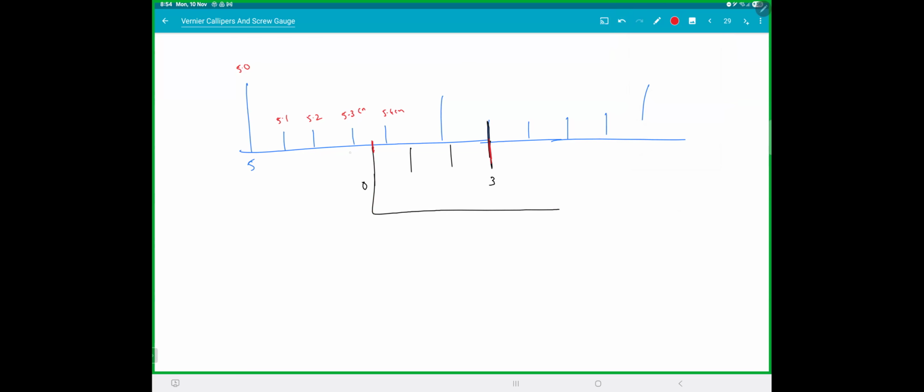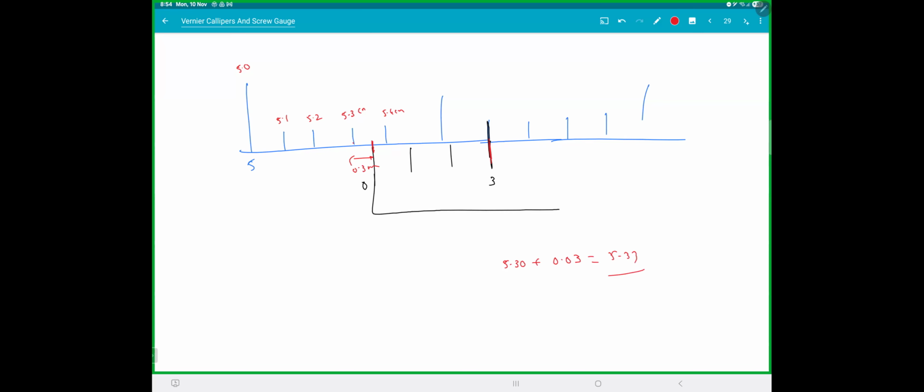That means if it was exactly 5.30, the 0 would have been here. For the third division to match, how much should you push forward? 0.3 mm. That means this distance was 0.3 mm. Makes sense? So the answer is 5.30 plus 0.3 mm, 0.03, which is 5.33.